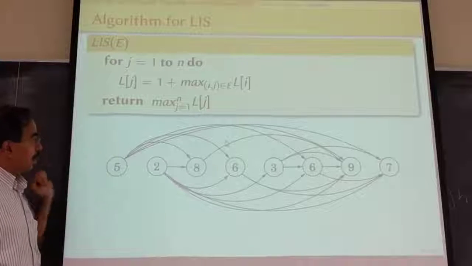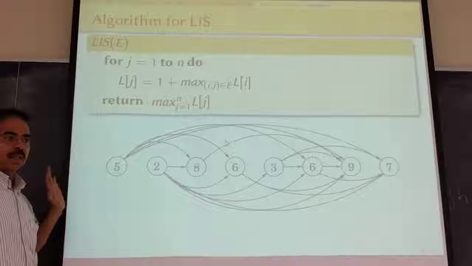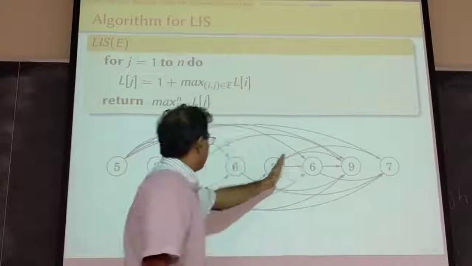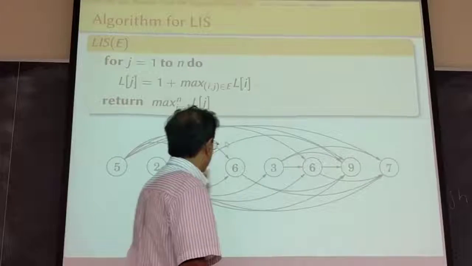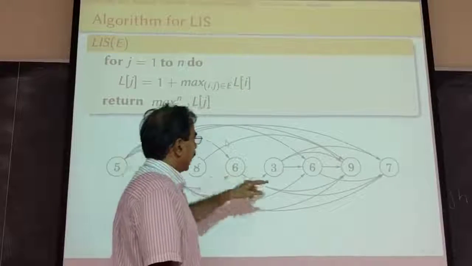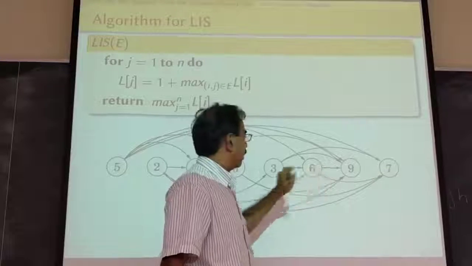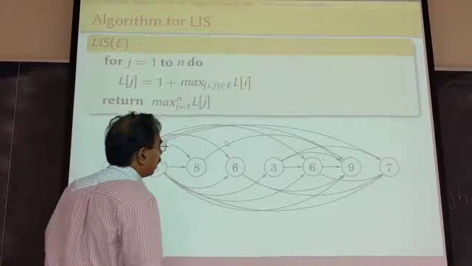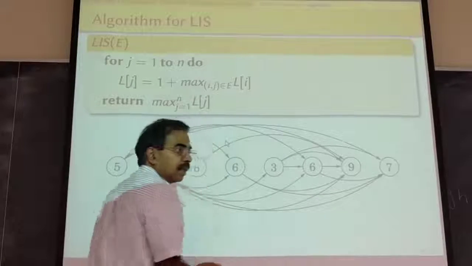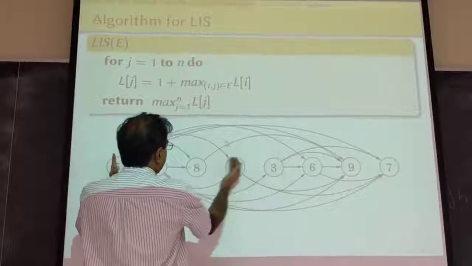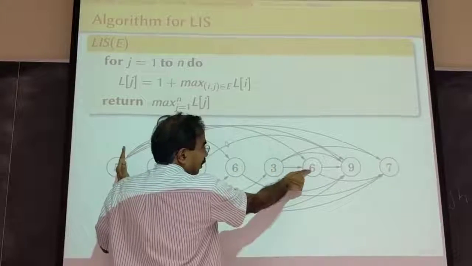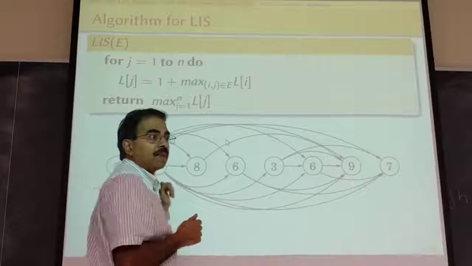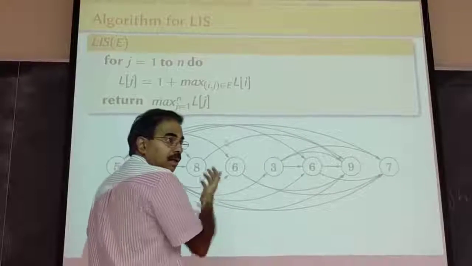So we are going to compute the longest increasing subsequence going left to right. Let's assume that we have computed the longest increasing subsequence for all of these. Then we are here. What we are saying is that the longest increasing subsequence ending at 6 is going to be obtained by going through the predecessors of 6, and then picking whichever one is the longest subsequence so far.